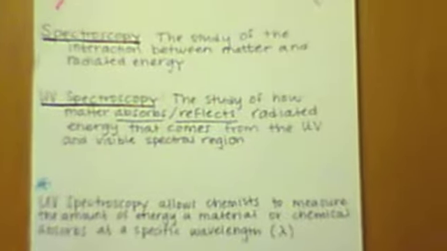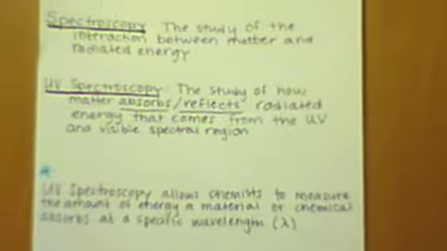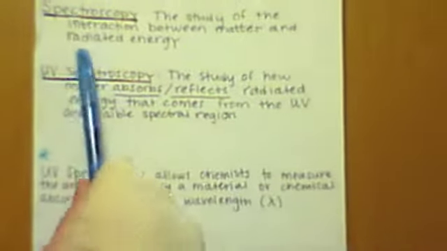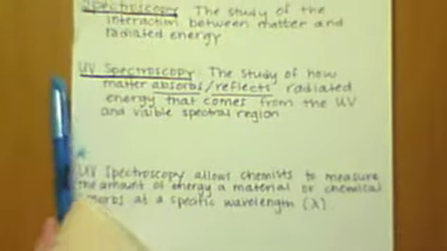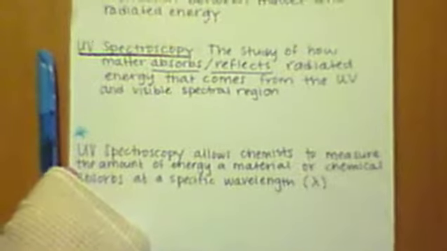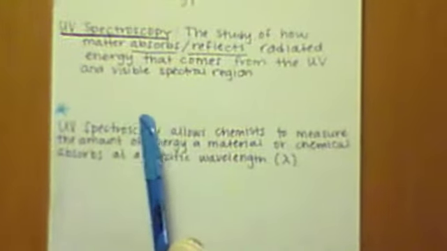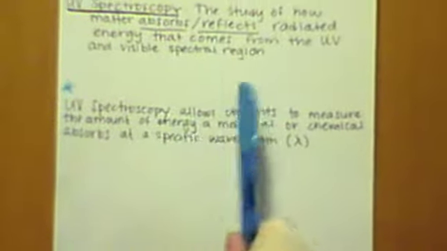So to start off, spectroscopy in general is the study of the interaction between matter and radiated energy. And radiated energy is anything like light or an X-ray or a microwave. And more specifically, UV spectroscopy is the study of how matter absorbs or reflects radiated energy that comes from the UV and visible spectral region.